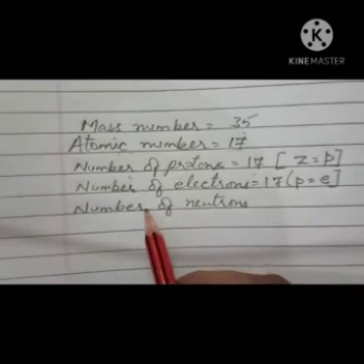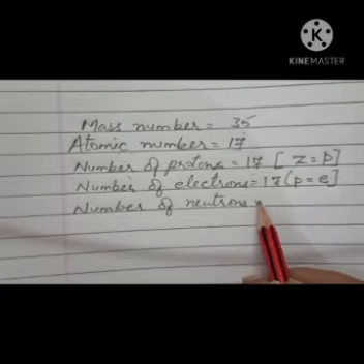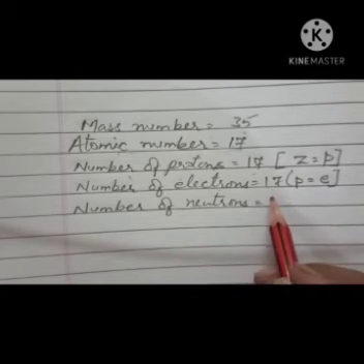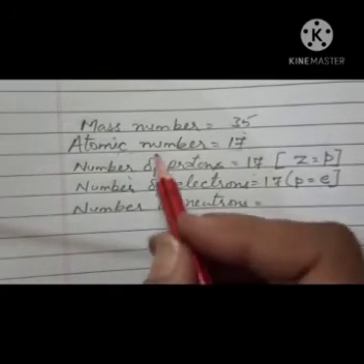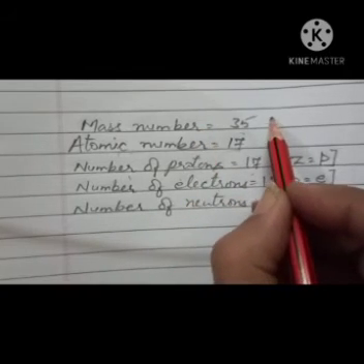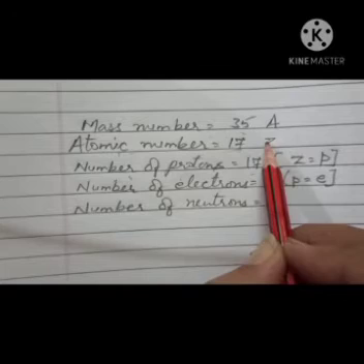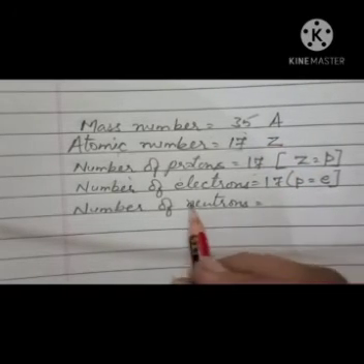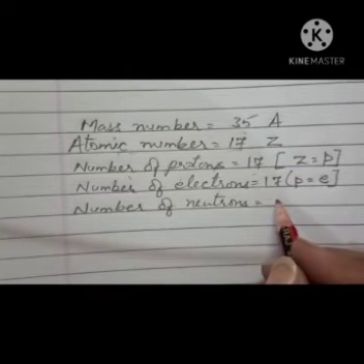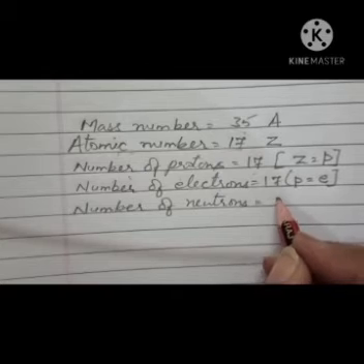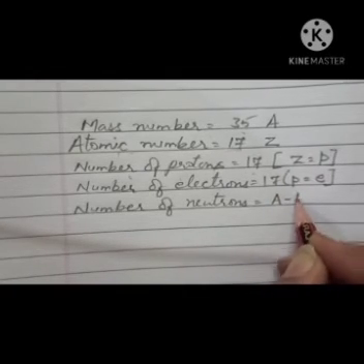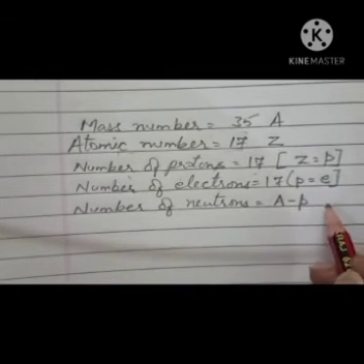Right? Then how will you find out the number of neutrons? The mass number is always denoted by A, and the atomic number is denoted by Z. So how will you find the number of neutrons? A minus P. Why A minus P?